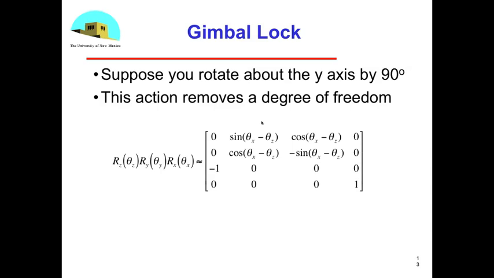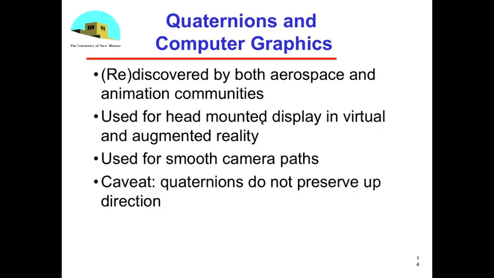So what happened is in both aerospace and computer graphics, somehow they rediscovered quaternions, which had been discovered by the math community, and that has a very long and interesting history behind it. And the aerospace community said, oh, here's some mathematics that will cure our problem if we work with quaternions instead of working with Euler angles.